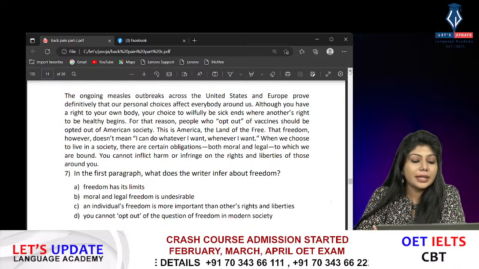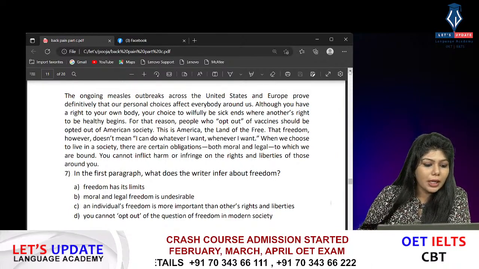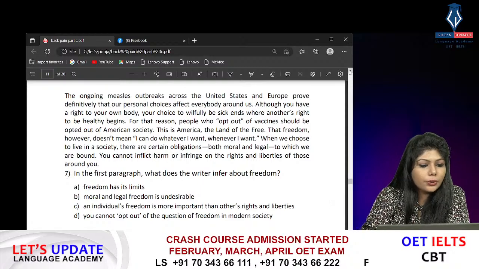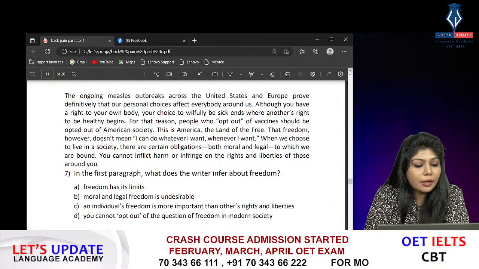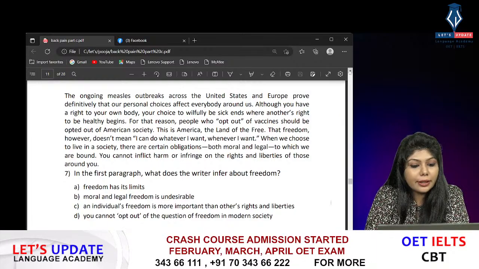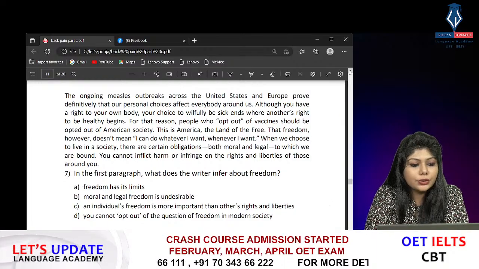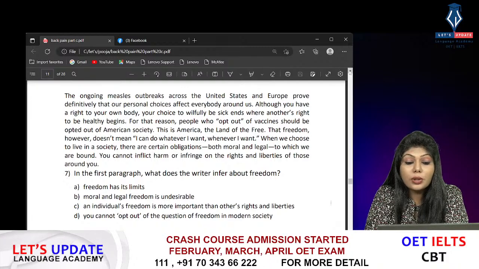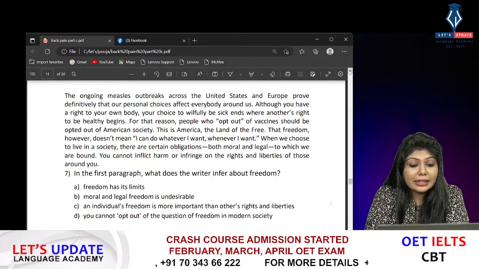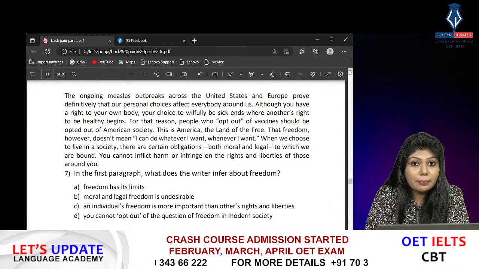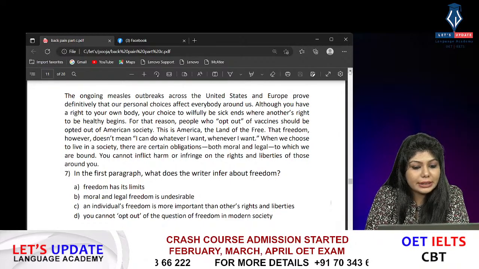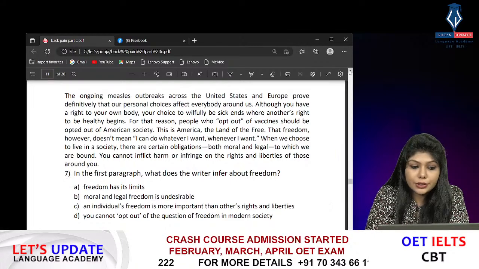Okay, so we shall read the text together now. The ongoing measles outbreaks across the United States and Europe prove definitively that our personal choices affect everybody around us. Although you have a right to your own body, your choice to willfully be sick ends where another's right to be healthy begins. For that reason, people who opt out of vaccines should be opted out of American society.